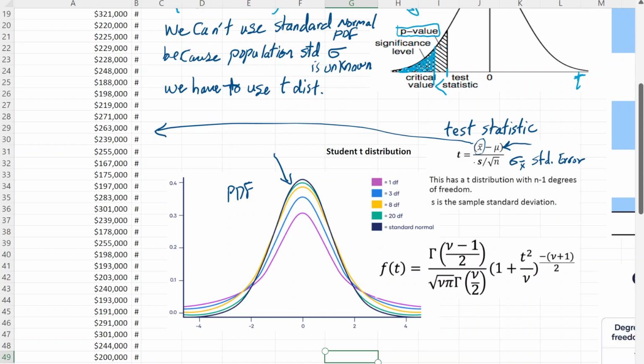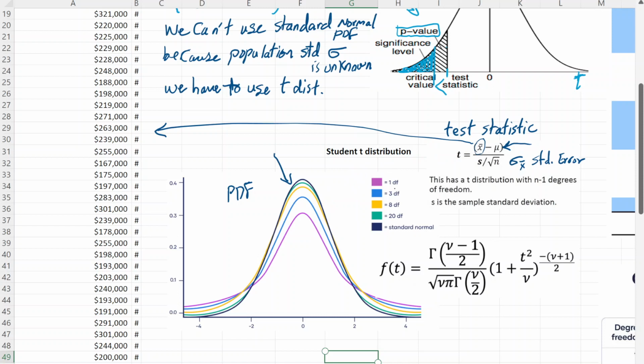We needed to have sigma here, but we don't have the standard deviation of total pay for all Google engineers. What we have is the standard deviation of the limited data set that we can compute. So since we are adding this additional uncertainty, the PDF of the T or Student distribution, which is very close to normal, sort of deviates.